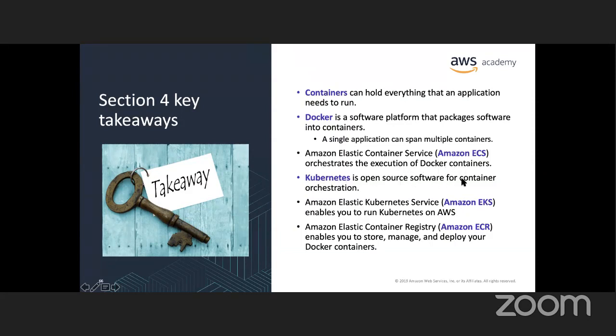Kubernetes is open source software for container orchestration. Amazon Elastic Kubernetes Service, Amazon EKS, enables you to run Kubernetes on AWS. And Amazon Elastic Container Registry, Amazon ECR, enables you to store, manage, and deploy your Docker containers. I'm just reading this because this is the summary of what we covered earlier.